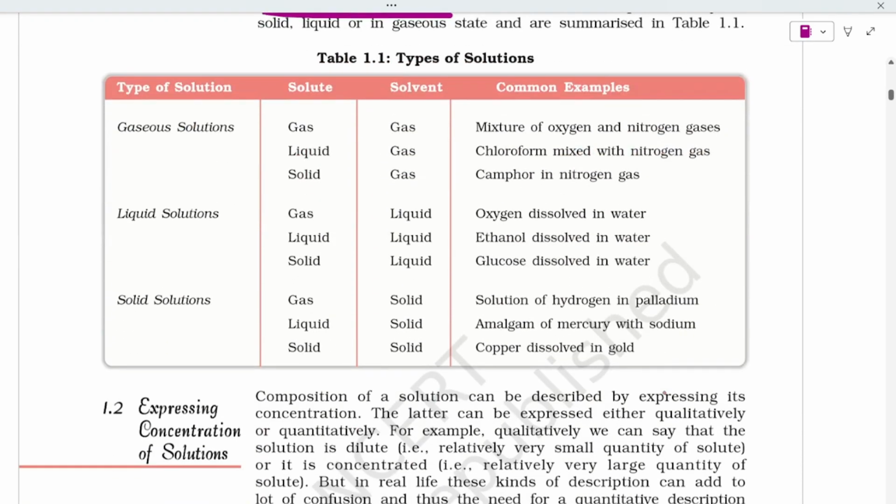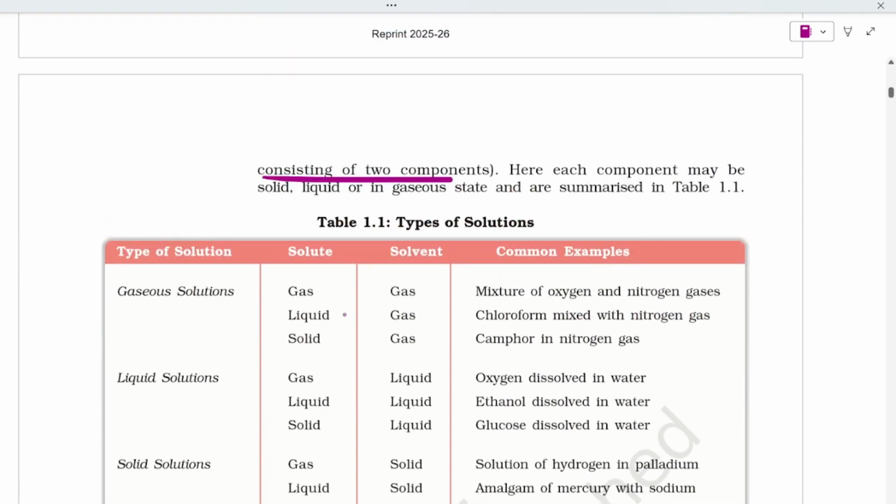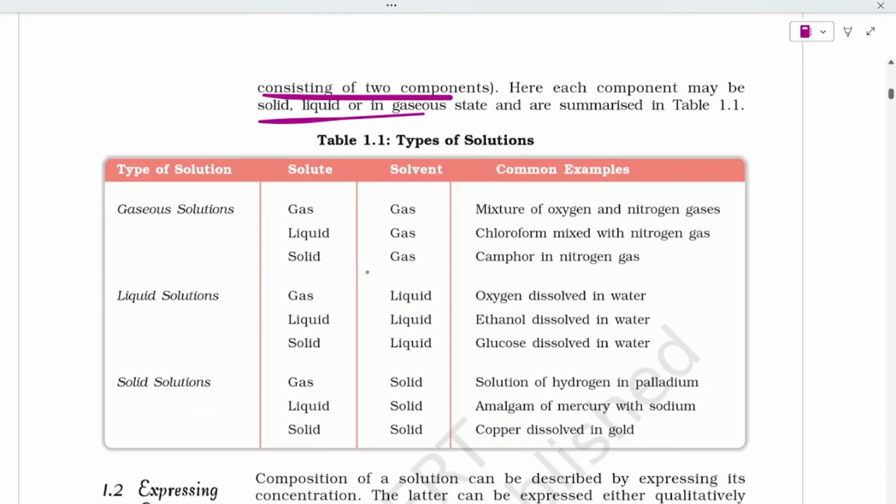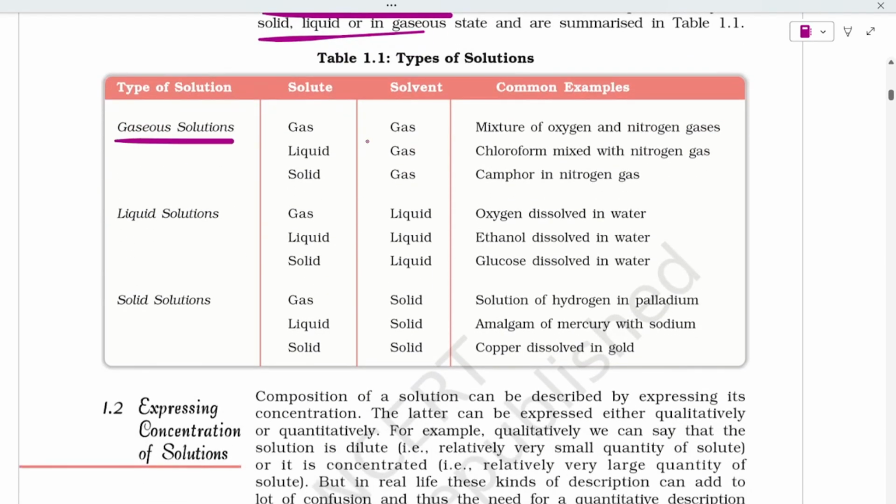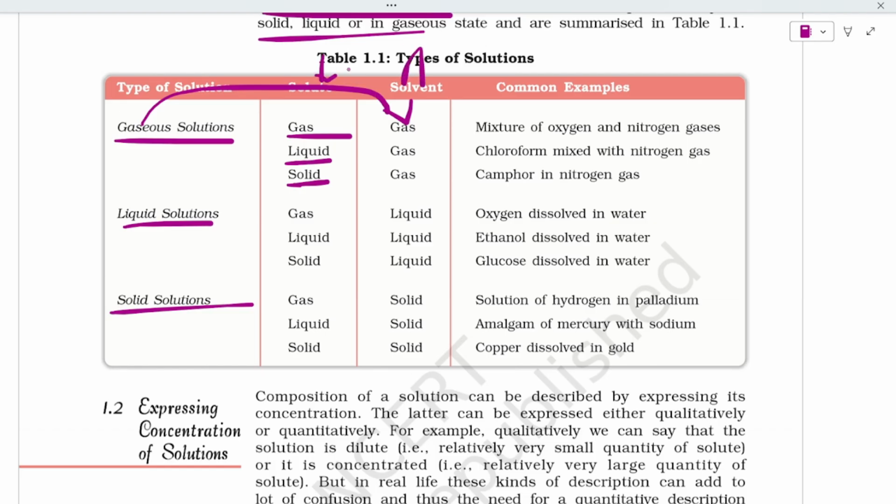Now let's see the gaseous, liquid and solid solutions, where the solute can be gas, liquid or solid. Here the solvent is present in more quantity, so for gaseous solutions, gas is present in more quantity and the solute in less quantity.